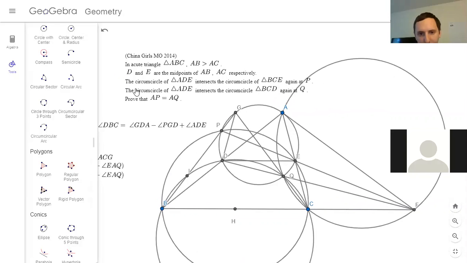I feel like we're probably making it more complicated than it has to be, but oh well.